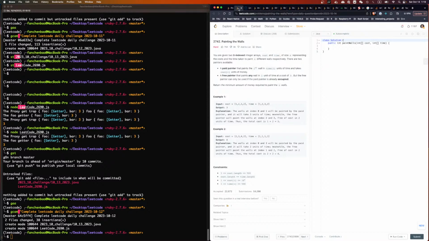Okay, cost, time. The walls at index 0 and 1 will be painted by the paid painter and it will take 3 units of time. Meanwhile, the free painter will paint the walls at index 2 and 3, free of cost and in 2 units of time.